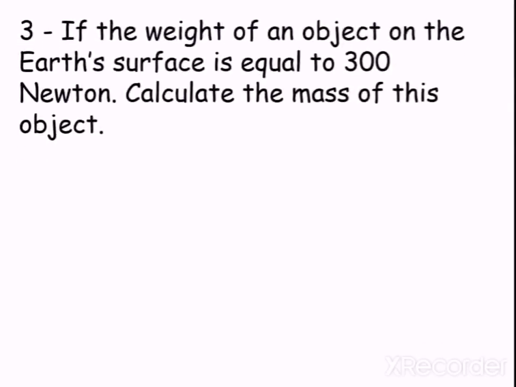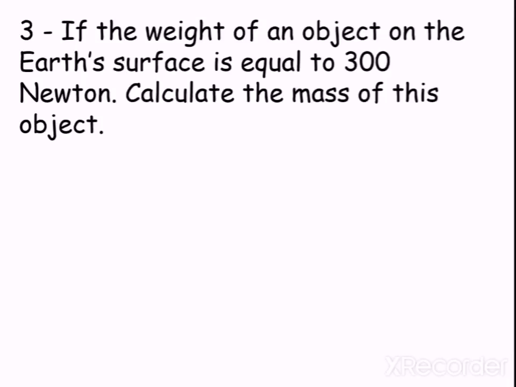Problem number 3. If the weight of an object on the Earth's surface is equal to 300 Newton, calculate the mass of this object.